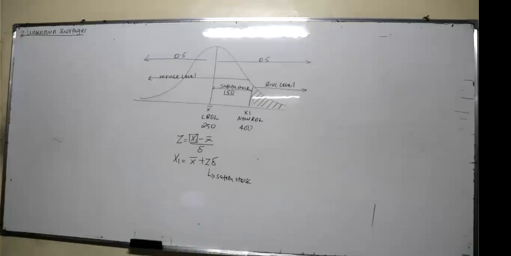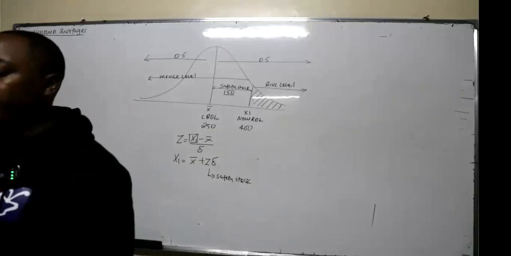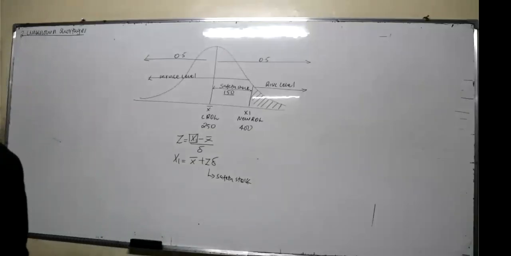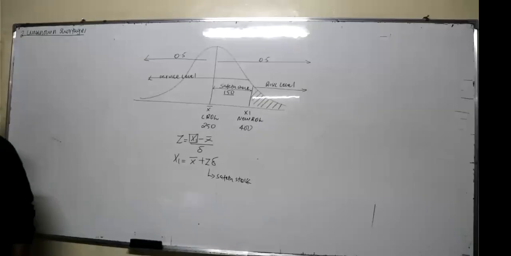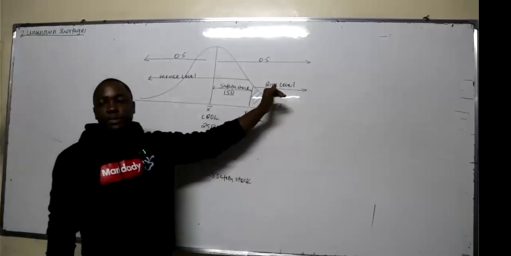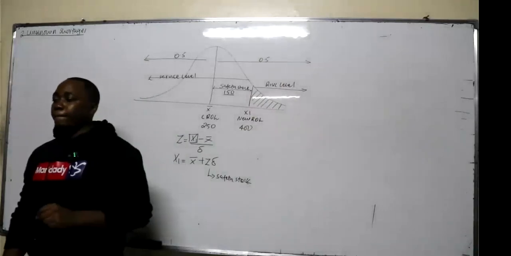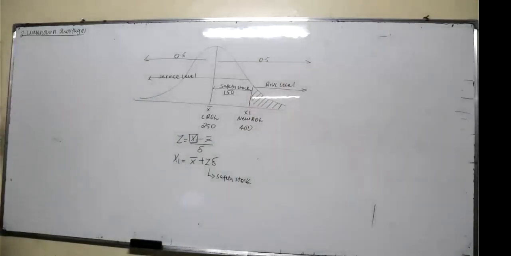The proportion of time within which the company can experience shortage is known as the risk level.